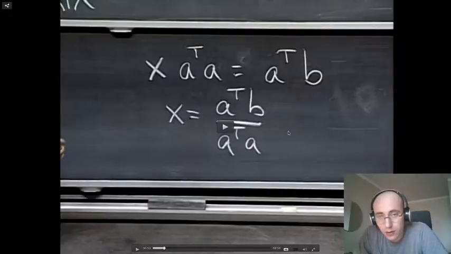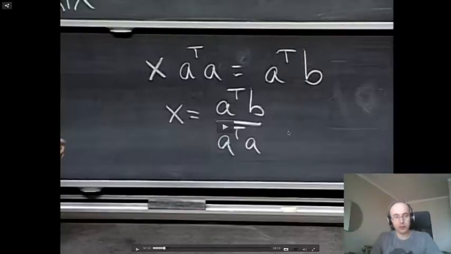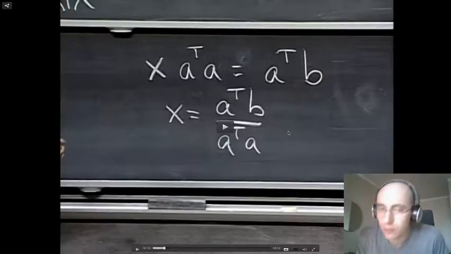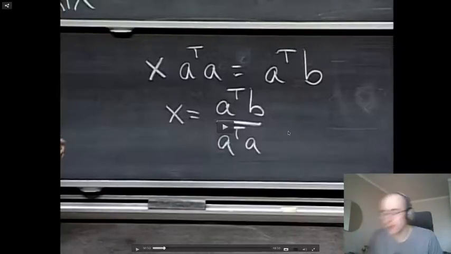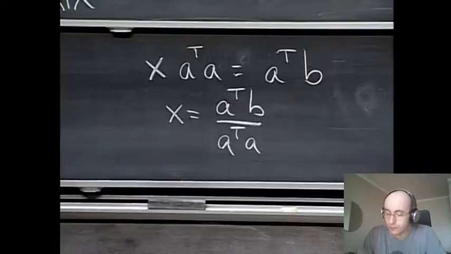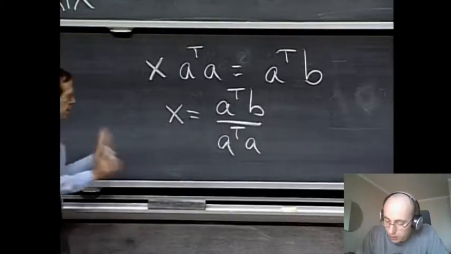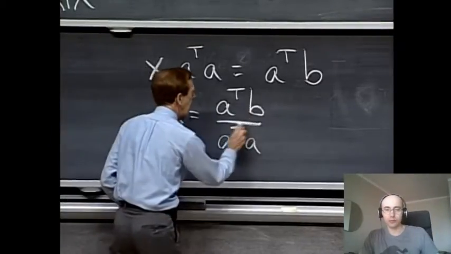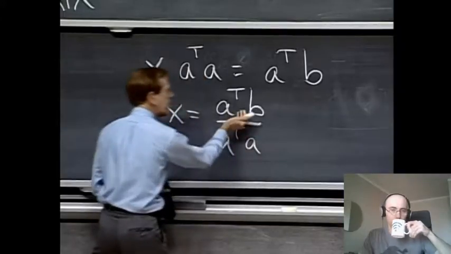But wait, A transpose B is a number too, so they're both numbers. This is only logical because x is a number, and we need a number to come out from this division, so both numerator and denominator should be numbers here, not vectors. That's got a cosine theta built in, but we don't need to look at angles. We've just got vectors here.